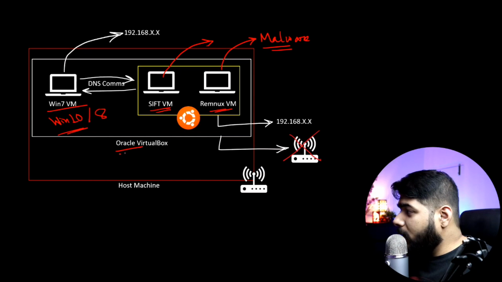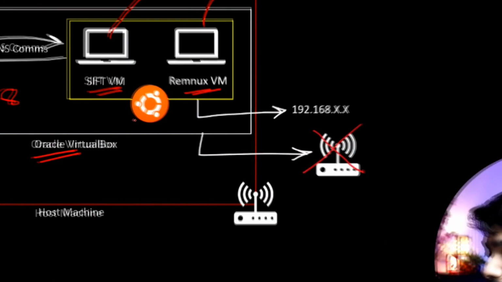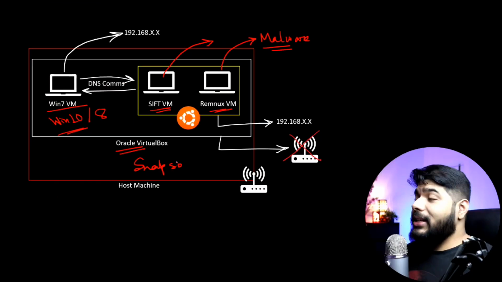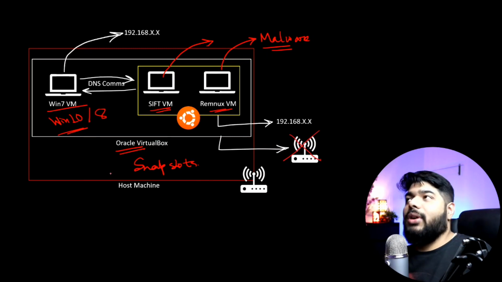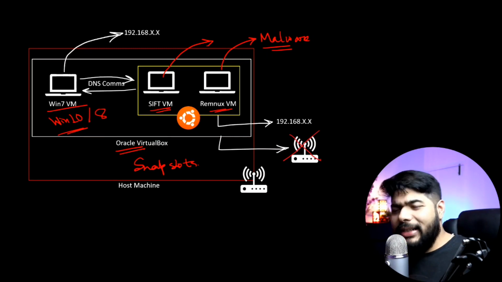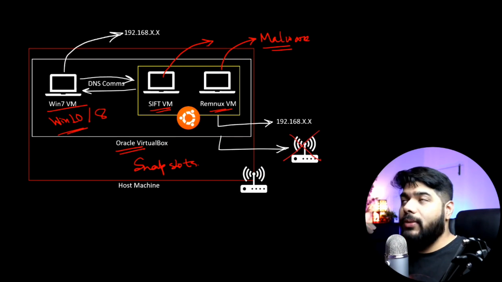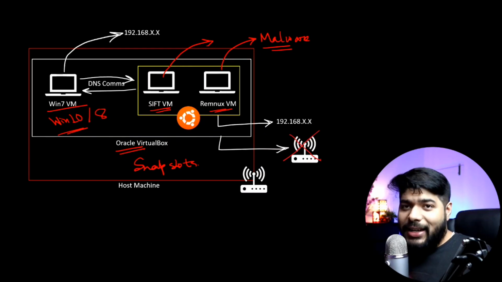And with Oracle VirtualBox, always choose a kind of virtualization or hypervisor system which has the capability to take snapshots. If you cannot take snapshots, you are basically doomed, right? Because you will be detonating malware and doing a lot of stuff on your machine, and if you cannot take the machine back to its known good state, you are doomed.